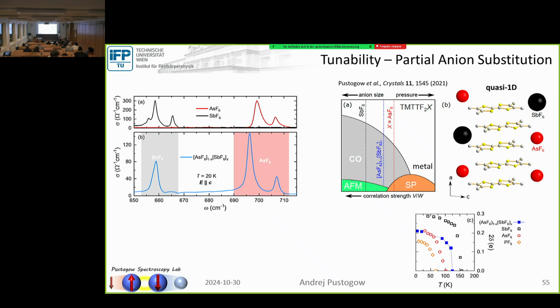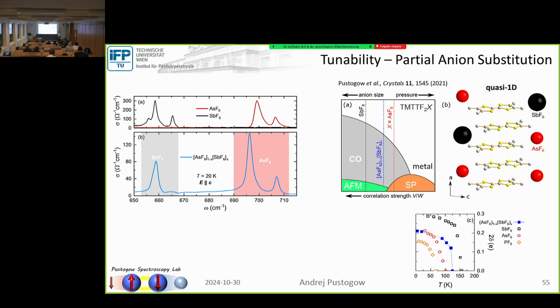And if we look at the transition temperature from the metallic to the charge-ordered phase, the transition temperature here is 160 Kelvin. For the red one, it is 100 Kelvin, and for the compound in between, it is somewhere around 120 Kelvin.